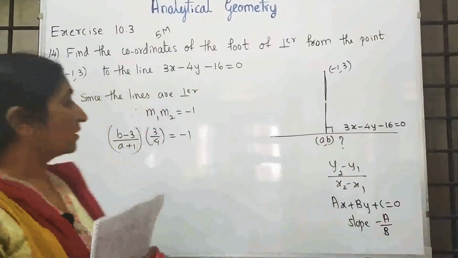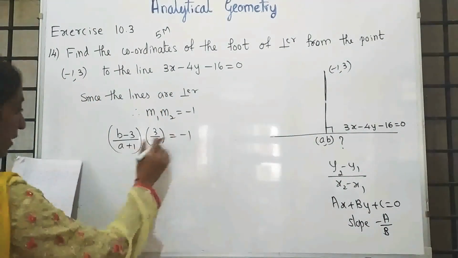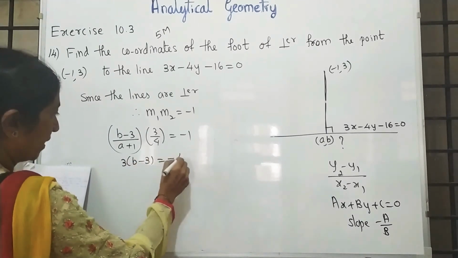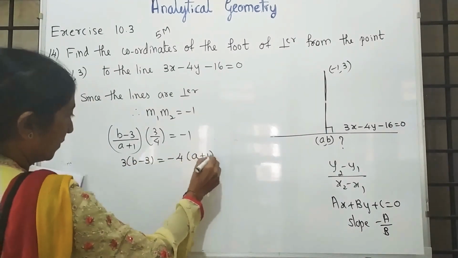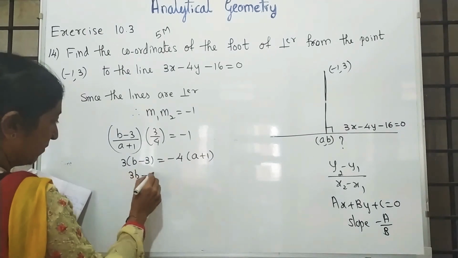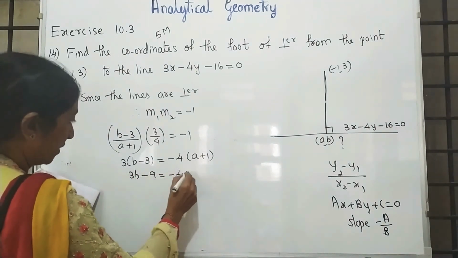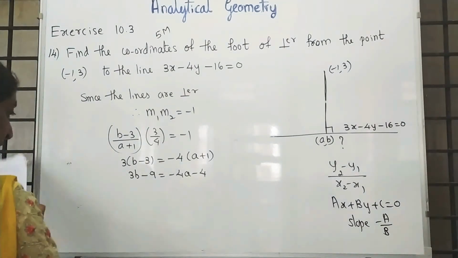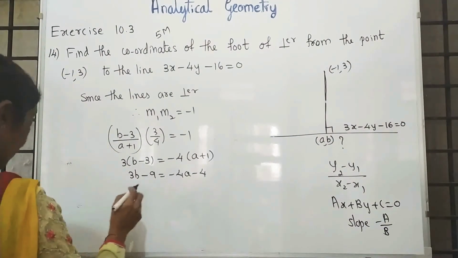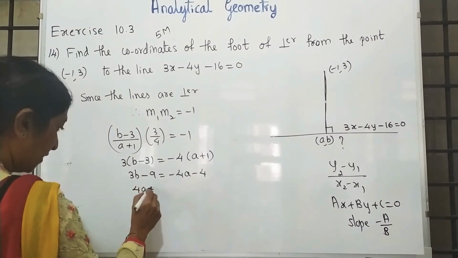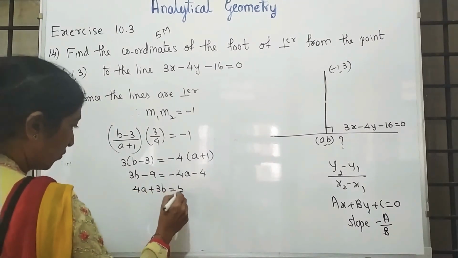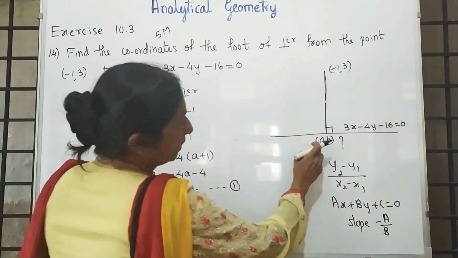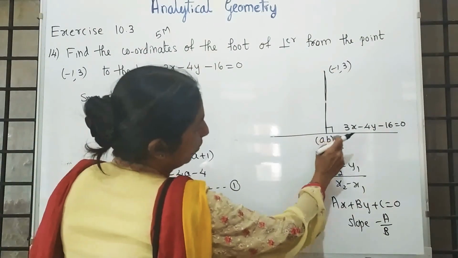When you cross multiply and simplify, it is 3 into (b minus 3) is equal to minus 4 into (a plus 1). 3b minus 9 is equal to minus 4a minus 4. Write down all the terms on the left side: 4a plus 3b is equal to 5. This is equation 1.